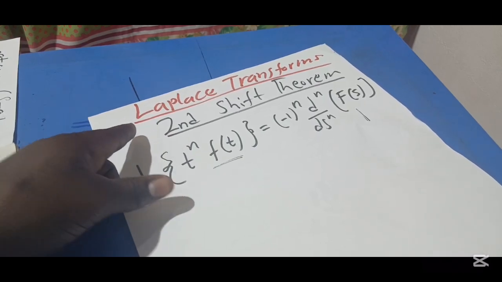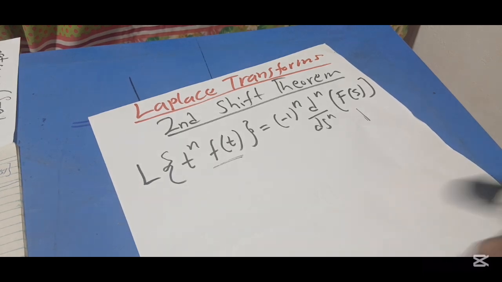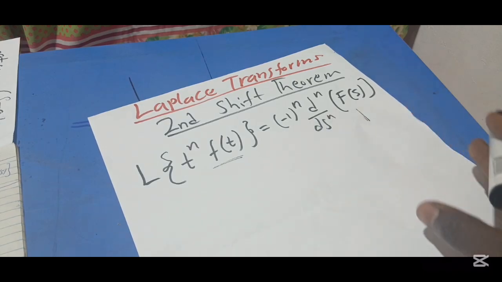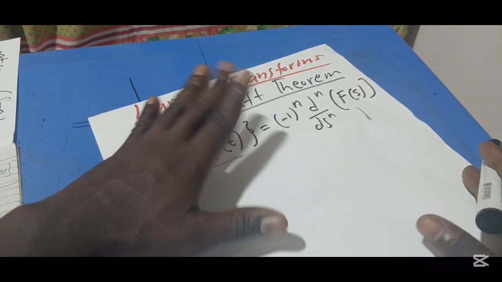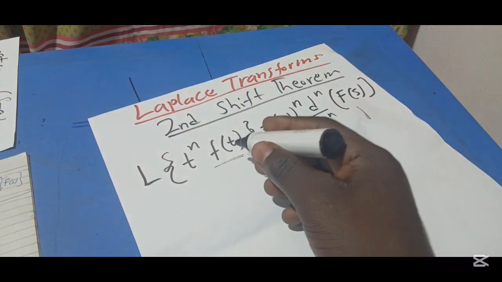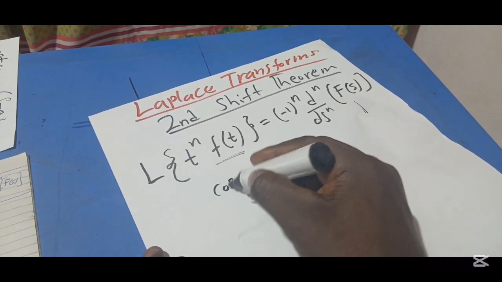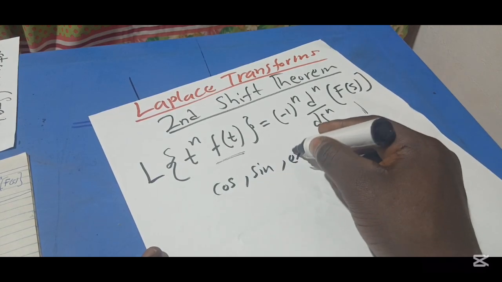So now we are going to take a typical example. That is just the second shifting theorem. This is just a formula, and by the end of this video, you will know how to work with this problem. Our f of t here can be cosine, sine, or exponential.